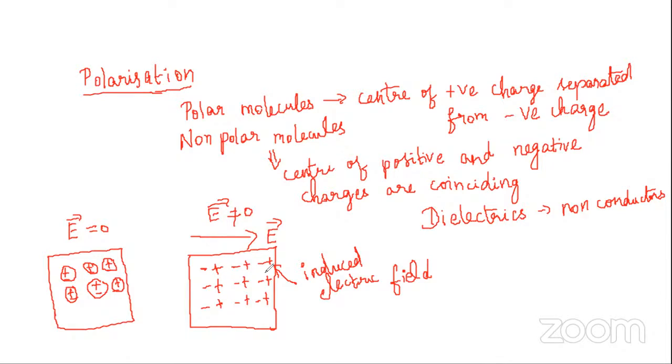I think you can catch my point. The induced field grows in such a way that it cancels the external electric field, so that the net electric field inside a conductor is zero.